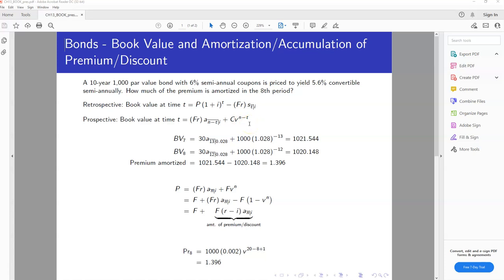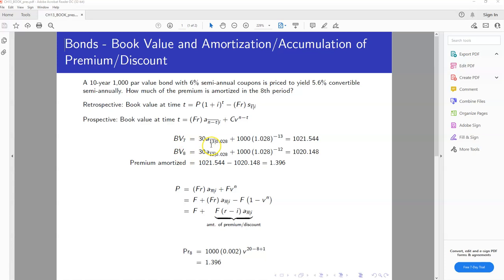Now we could use either of those formulas, but to use the first one, I need to know the price of the bond, and I don't have that computed. So it's probably just as easy here in this particular example to use the prospective method to figure out our book values. We want premium amortized in the 8th period, so I need to know the change in the book value from time 7 to time 8.